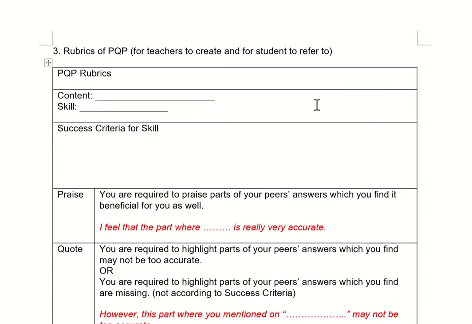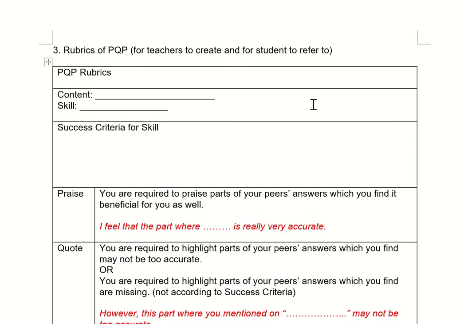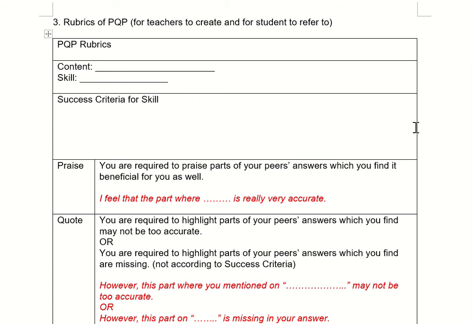Now, what you need to do today is come up with a GRR for PQP. When I say GRR, it is because they have not used PQP before, so you have to show a sample of how PQP is done. You have to do it together with them, and then by the end of the day, they can do the PQP by themselves.